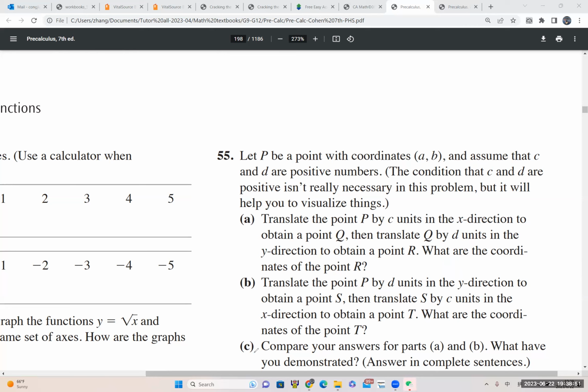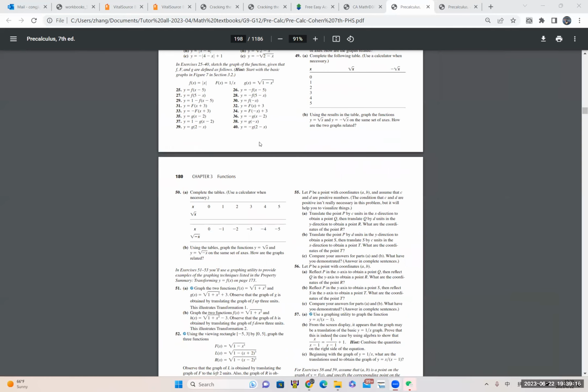What's the conclusion here? The conclusion is that we get the same place. Yeah, that means it doesn't matter if you change the x direction or y direction first, right? Okay. Then 27. Yeah, 27 may be kind of hard.